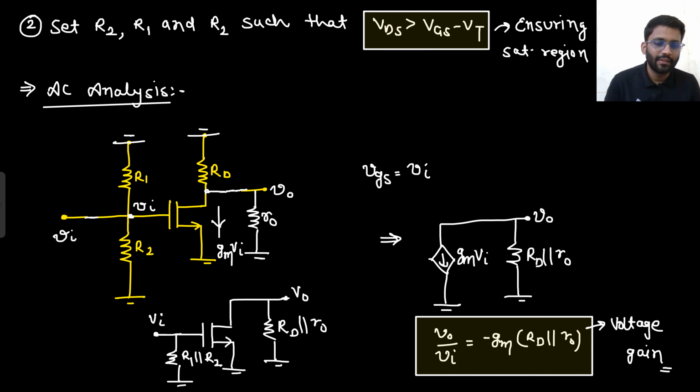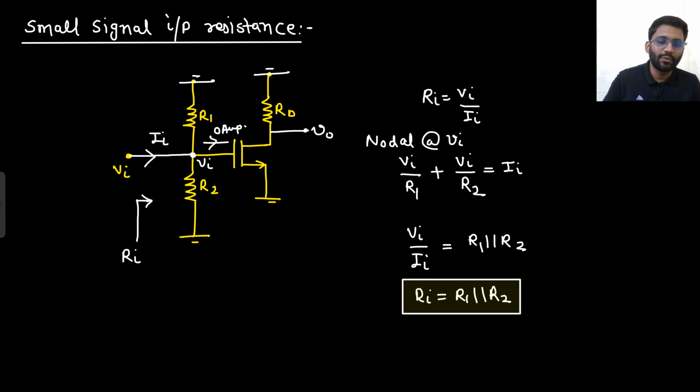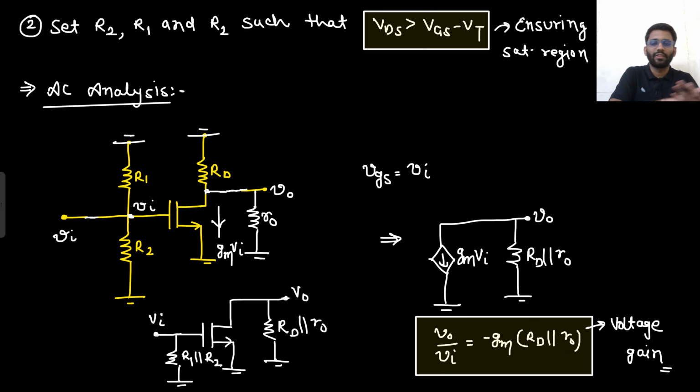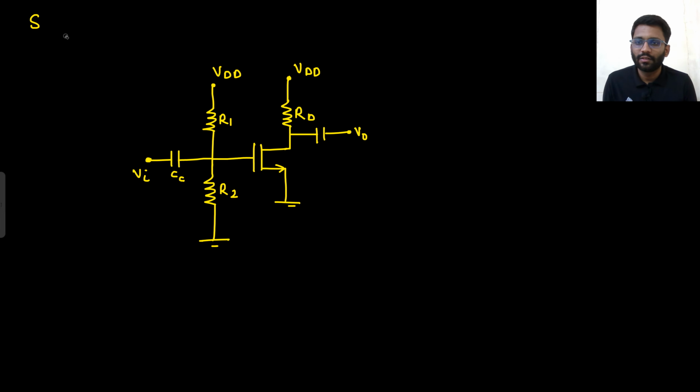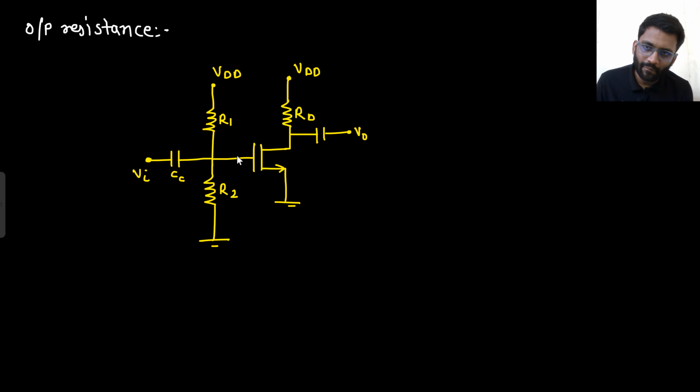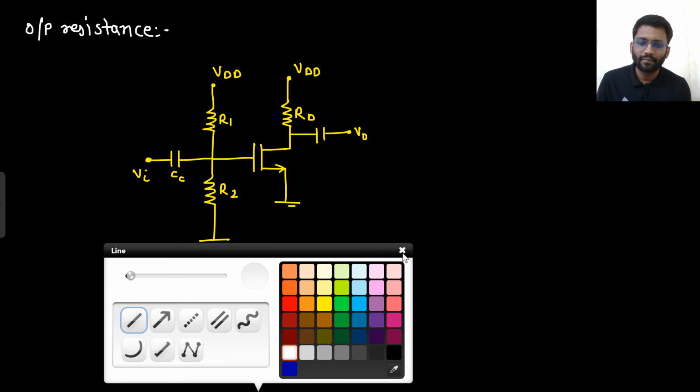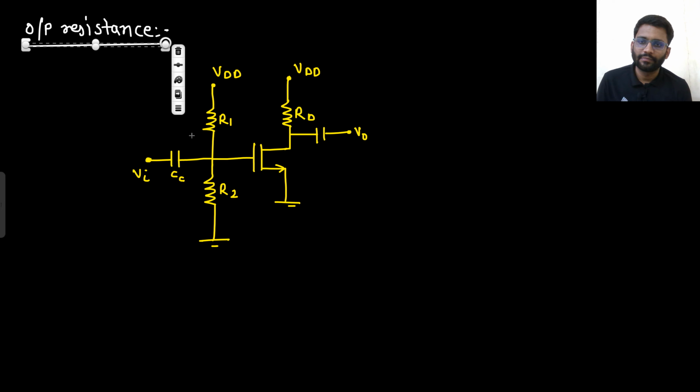Okay. And what if they ask you output resistance? Tell me, what will be the output resistance? This CC will be gone.